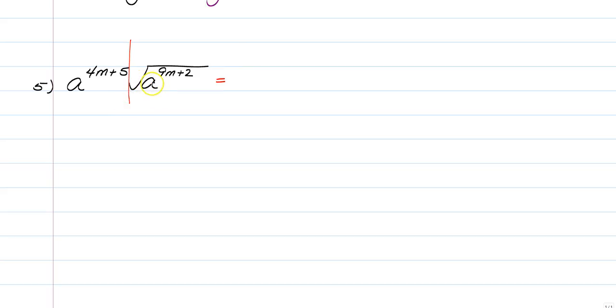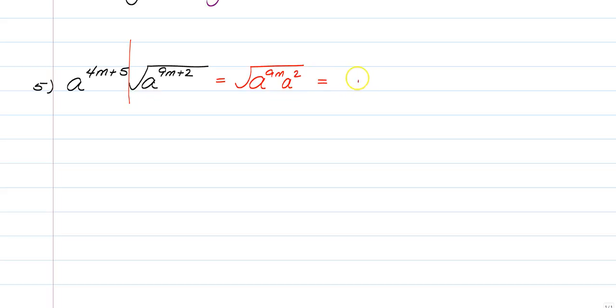And this would be the square root of a to the 9m times a squared, because this plus sign means that they came from the same base of a to the 9m and a squared. So then we're just going to ask ourselves, how many times does 2 go into 9m? And the answer to that would be 4m.